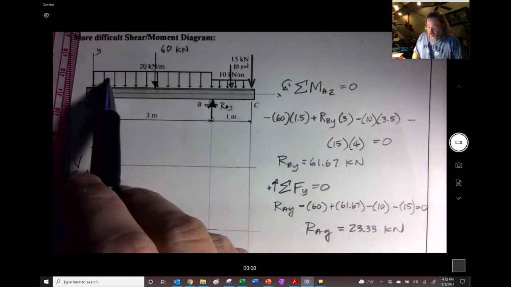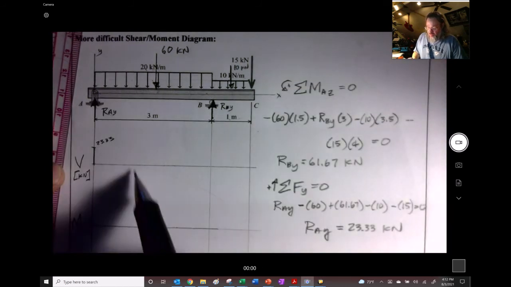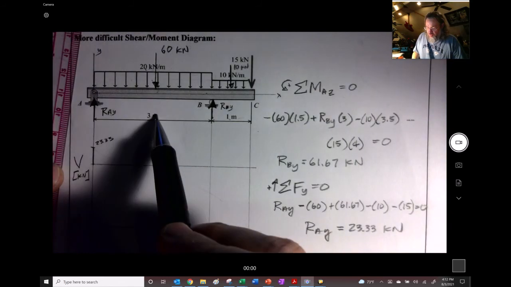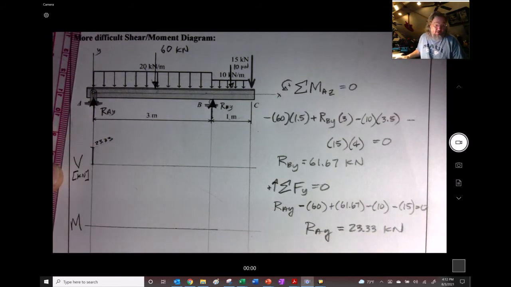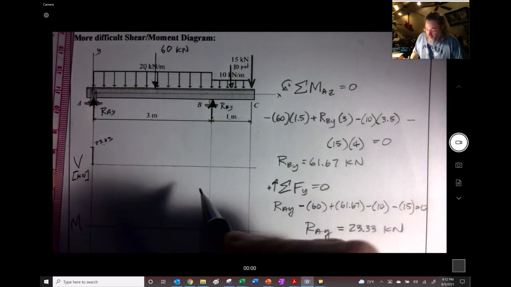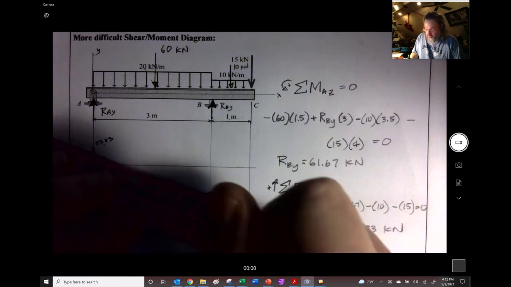So this is going to be a linear distribution, and it's going to be downward sloping because it's negative right here. So we're going to find this area. We have 20 times 3, so that's going to be a negative 60. So we're going to take from this 23.33, we're going to subtract out 60. And what we end up with is a negative 36.67. So that's going to be the point that we meet right down over here.